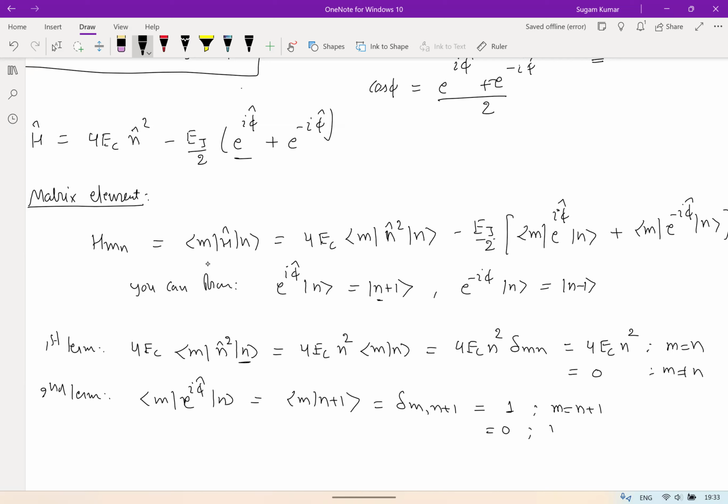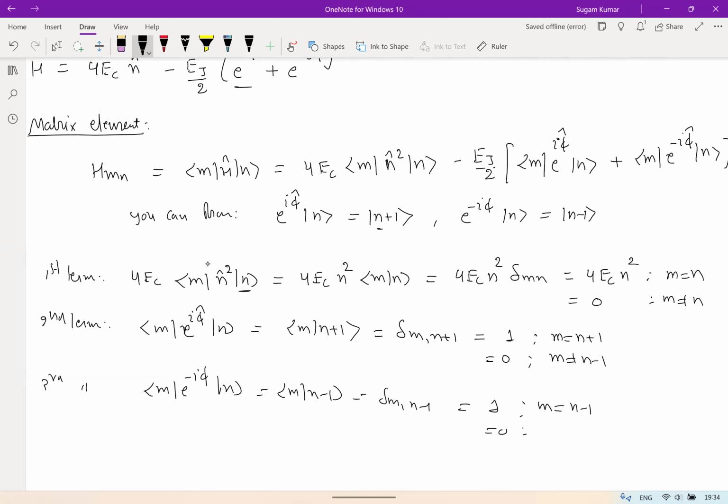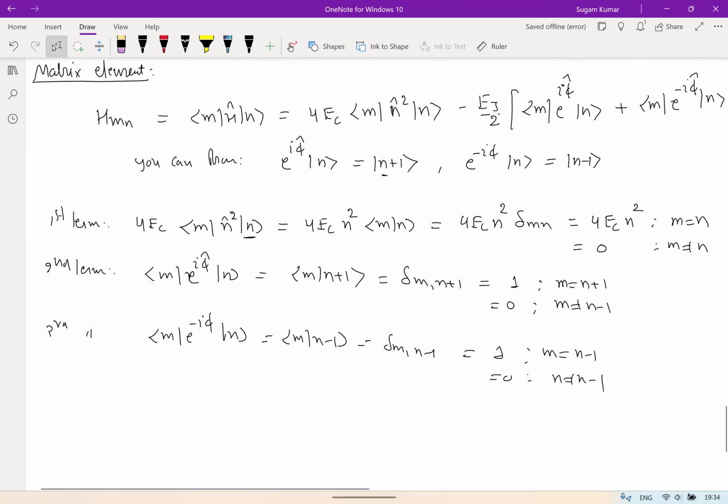And the third term, similarly, is e power minus iota phi N, M N minus 1, delta M, N minus 1. This is again equal to 1 if M equals N minus 1 and equal to 0 if M is not equal to N minus 1. So when you write down the matrix, how will it look?